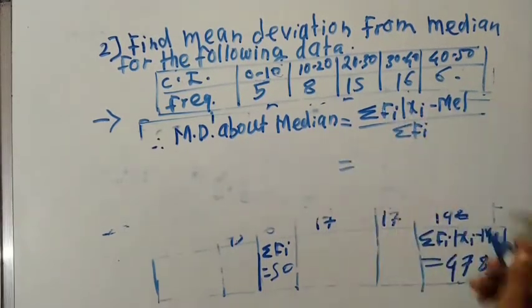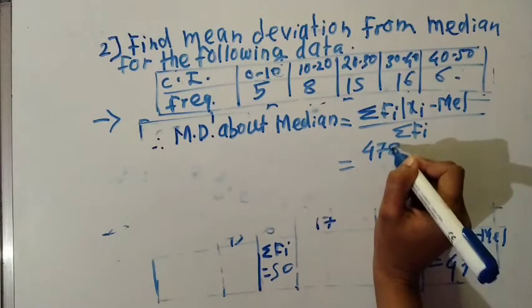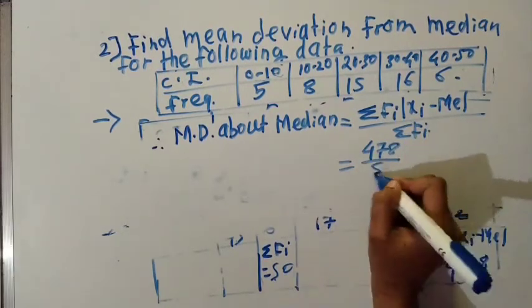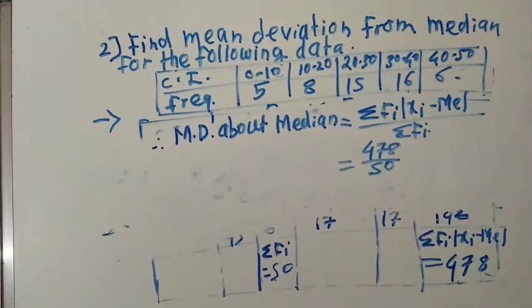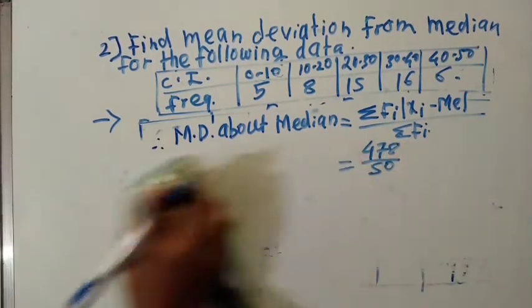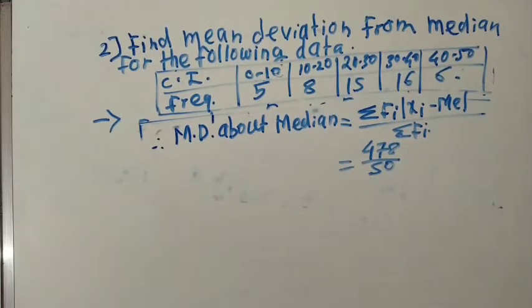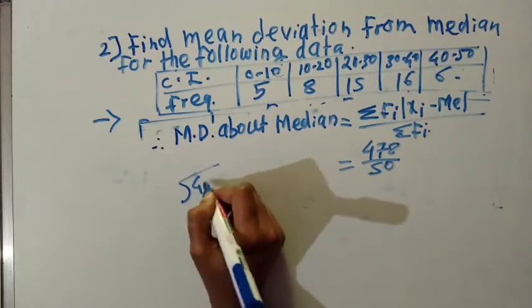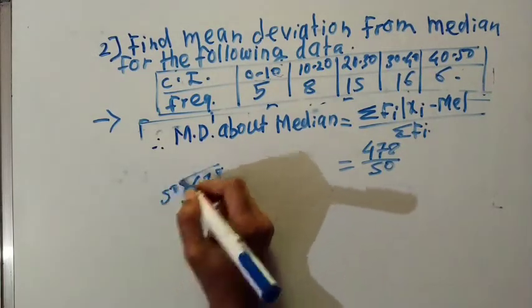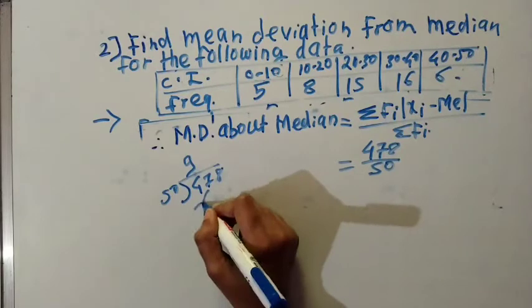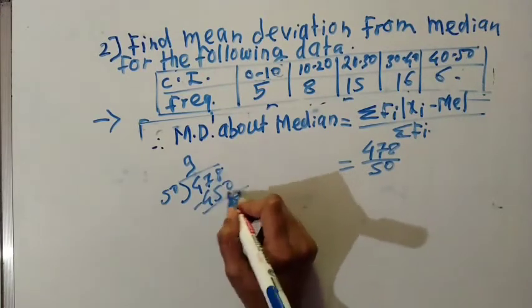This summation is 478 upon summation of fi, which is 50, and this division is 478 divided by 50.